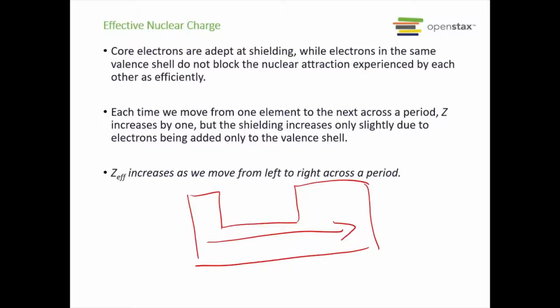So we're not really affecting that effective nuclear charge very much because we're staying in the same shell. So this means that our Z effective actually increases as we move from left to right. Since overall there's not very much extra shielding, adding more electrons to the same shell, then they're able to actually feel that pull more than as if going from top to bottom.